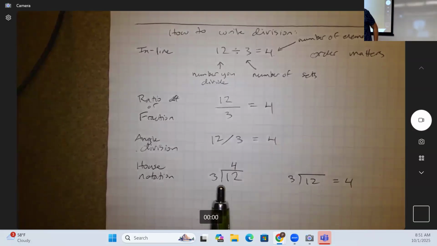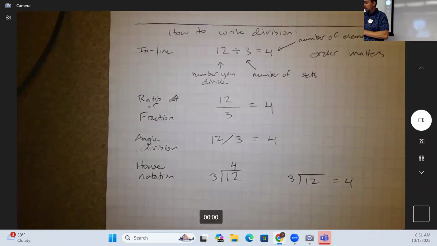This notation is mostly used when you do big divisions by hand, so you can do it step by step. This class, we don't do big divisions by hand. Was it this class where I said I don't do big divisions by hand? I use a calculator? Yeah. So this notation allows you to organize your work when you do big division by hand, sometimes called long division. But that's what we have calculators for.